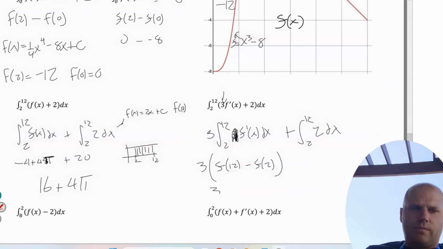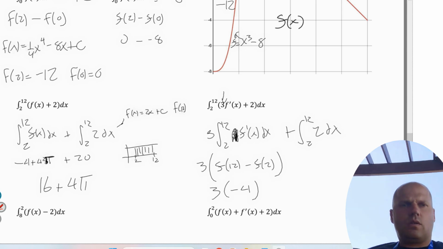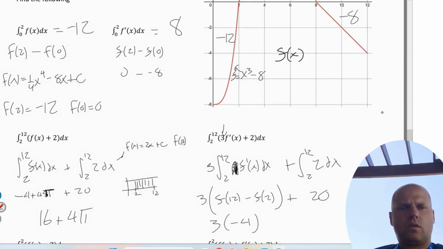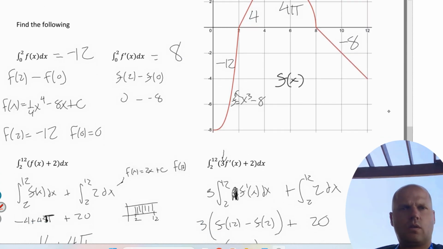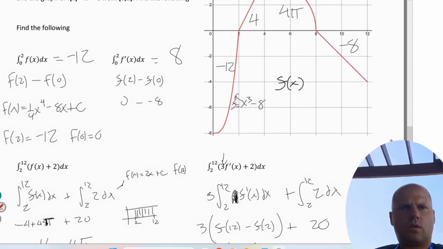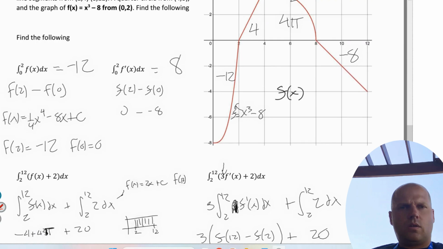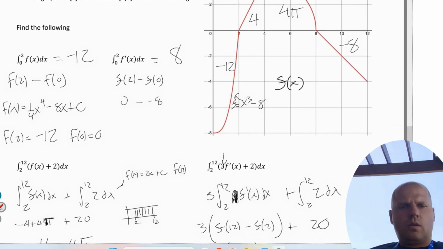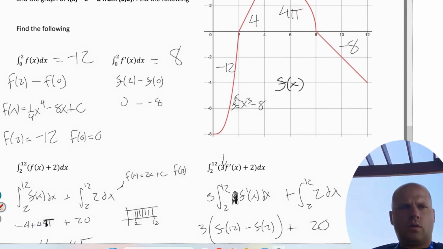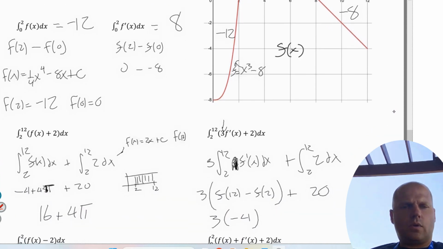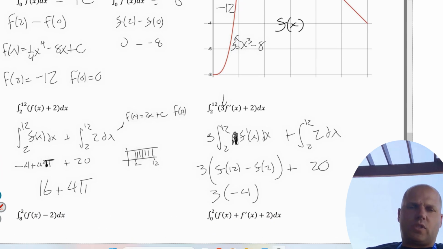So this is minus 4. And then this is also 20. Negative 4. So negative 12 plus 20 is 8.